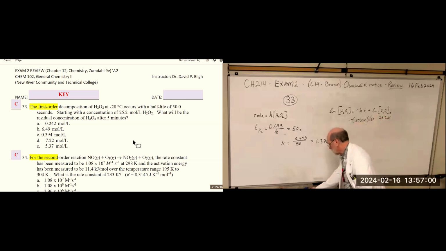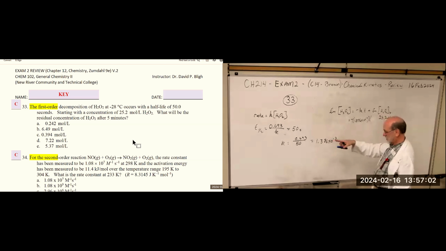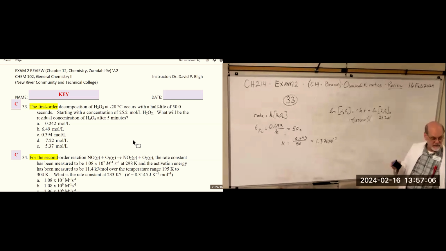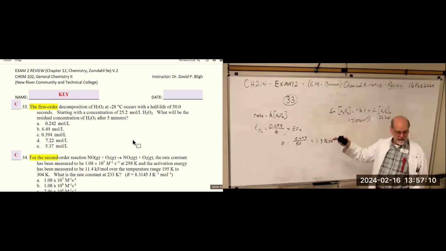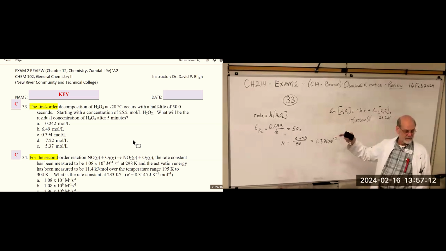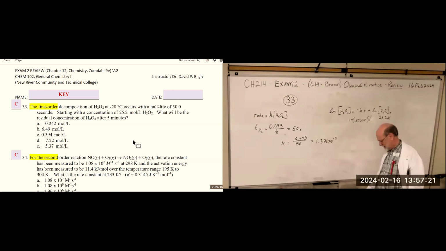No, that was that time. The time they want to know is 5 minutes. Since we determined the k in terms of seconds, how many seconds is 5 minutes? What's 5 times 60? 300.